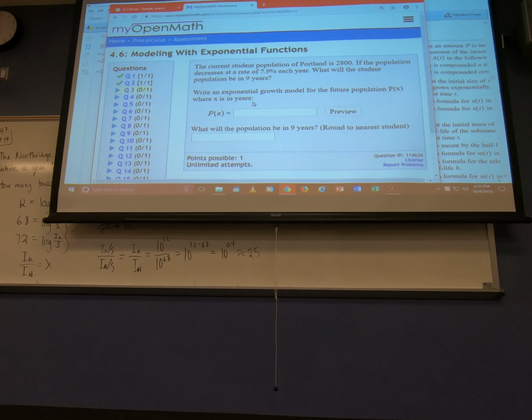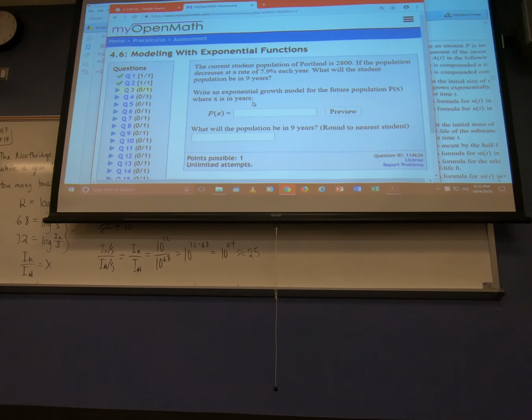Okay, so what's the model? We're gonna use the same scratch space here, huh? Decreases, right? So R is negative 0.079. So if I have the population in year T is the original population times 1 plus R to the T, this is an annual thing, right? So the initial population is 2,800.